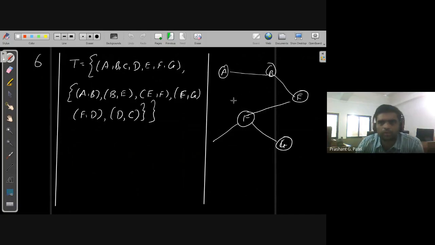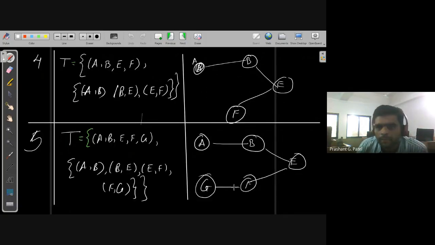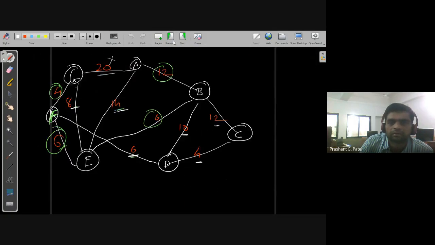So there is a problem happening. We have chosen A, B, C, D. C and D, both of them are not here. Okay, so we cannot pick that vertex, sorry, H. This one.